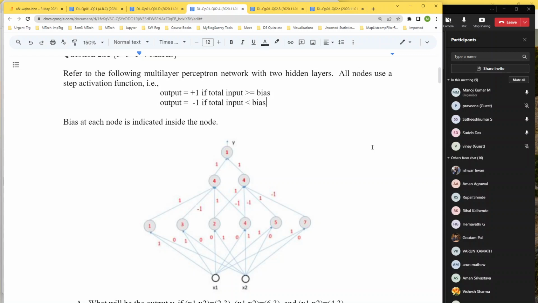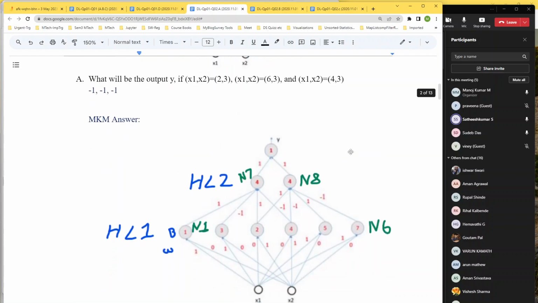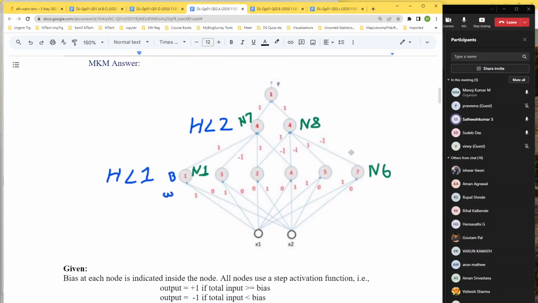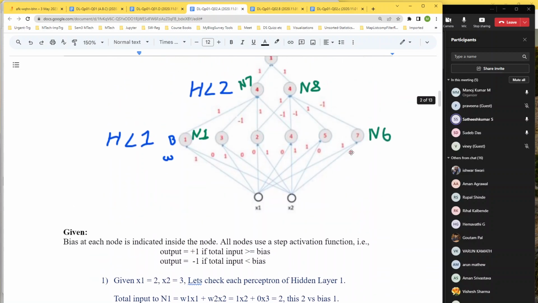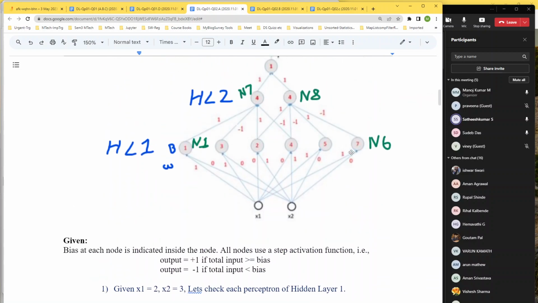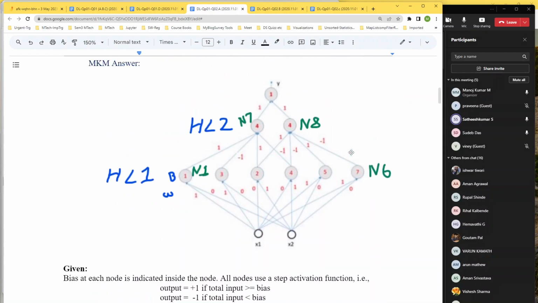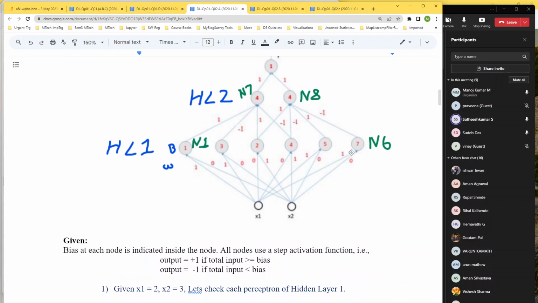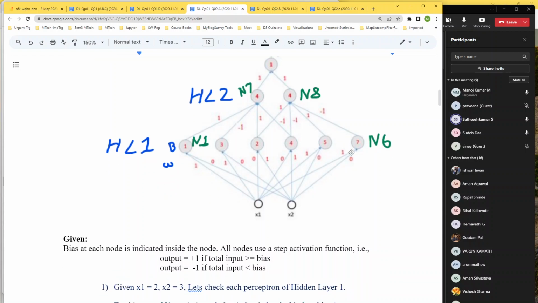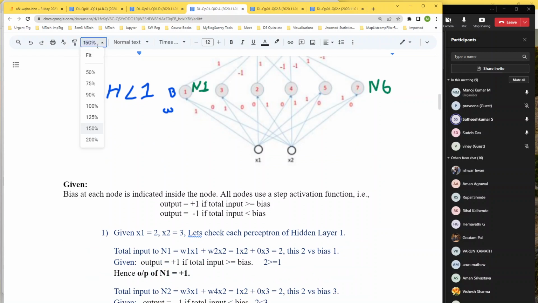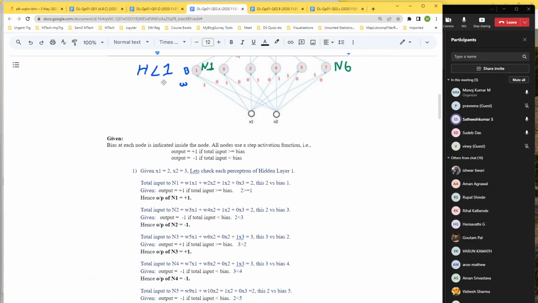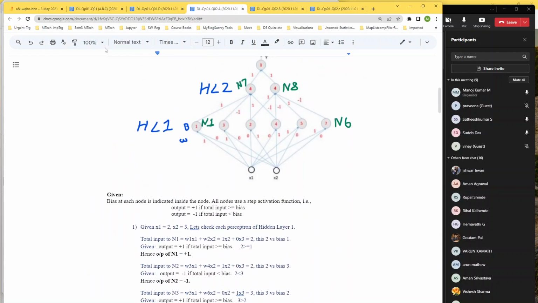So let's assume we are giving input x1 as 2 and x2 as 3. We multiply input with weight, so 2 into 1 is going to be 2.